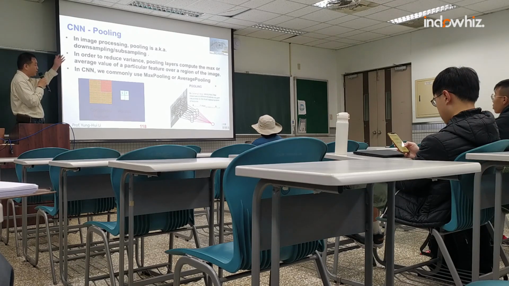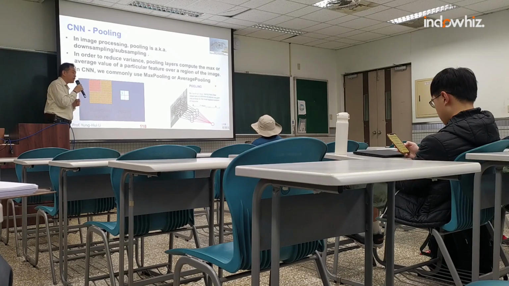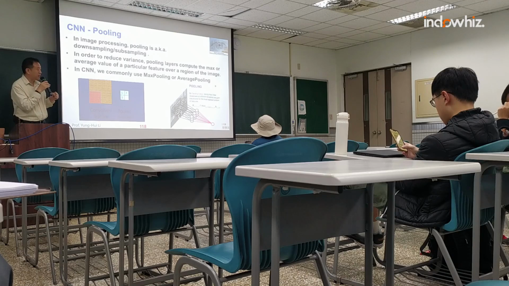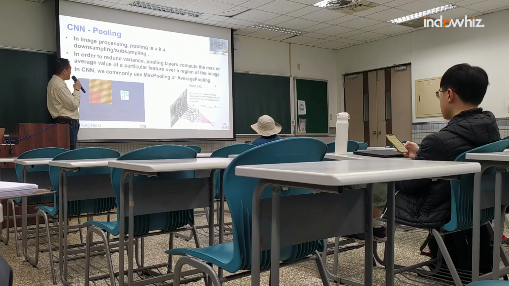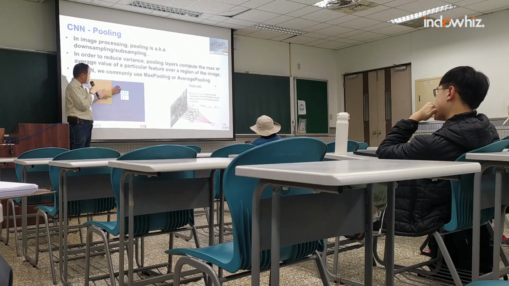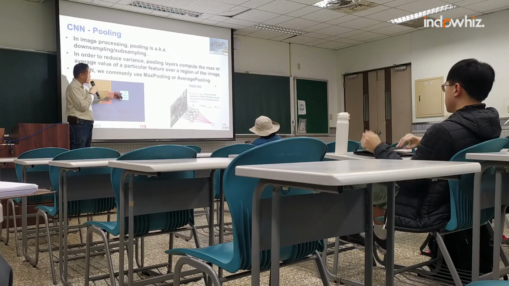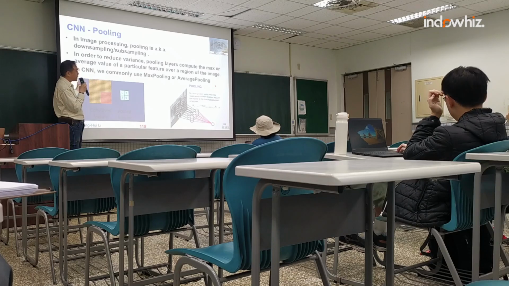Because when we do pooling, usually what we do is max pooling. That means it will try to find the maximum value in this region and then put it in the pooled feature map. So if your feature map has a very high response in any place in here, in the final feature you will have a high response, no matter which part of this sub-window it is in.